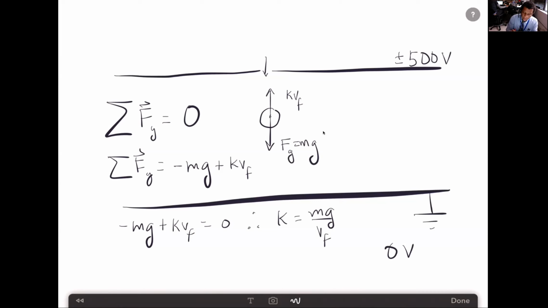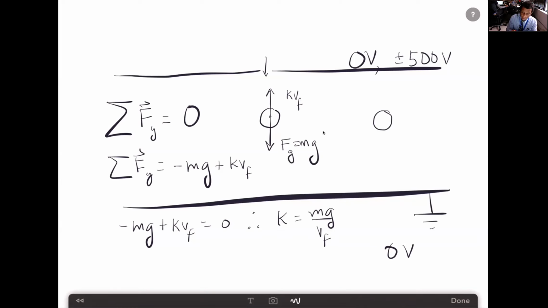Under this scenario, our voltage on the top plate happens to be 0. But when we put a voltage, either a plus or minus, on the top plate, then this object can accelerate downward or upward. So we want it when it's accelerating upward.